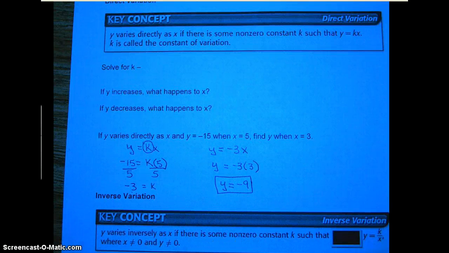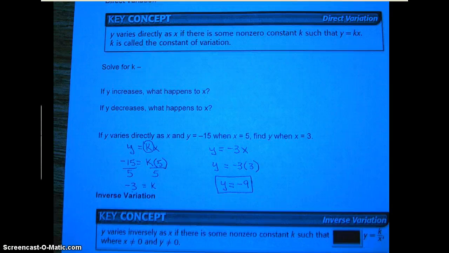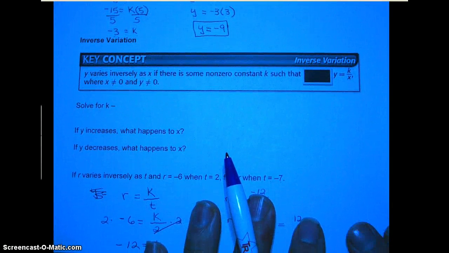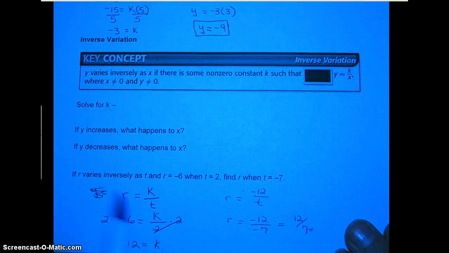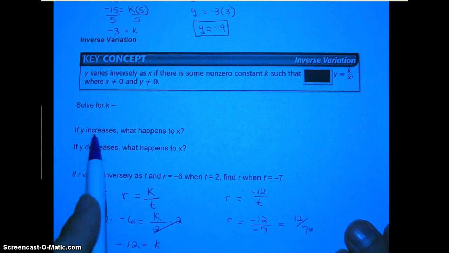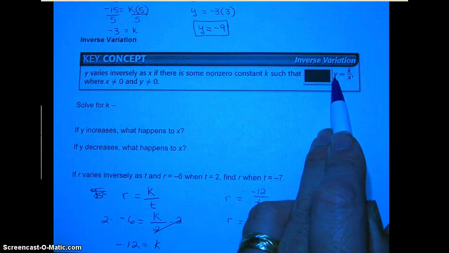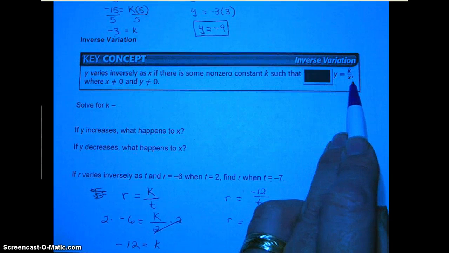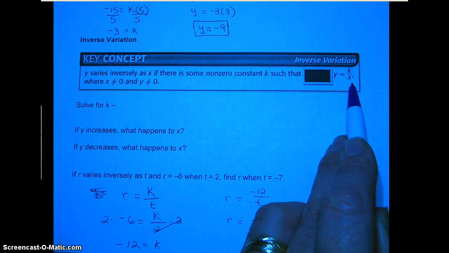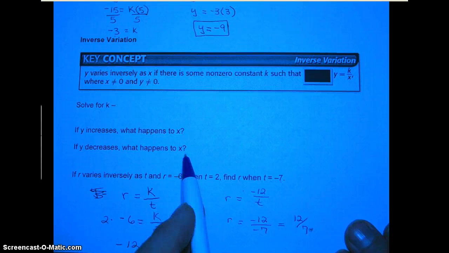I want you to think about that and see if you can come up with a conclusion on your own. Same thing for an inverse variation: if y increases, what happens to x? Very important. If y decreases, what happens to x? See if you can figure out the relationship.